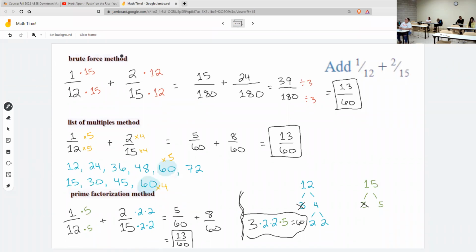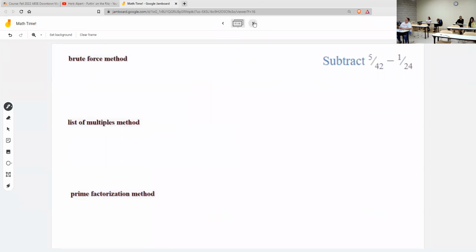If you want an extra challenge, then you can do the same thing with 3 numbers. It's the same process. Can I do that? Let's do this as a warm up next class. If you try it the brute force method, you're going to get some very big things, multiplying 3 numbers. If you're doing the list of multiples, suddenly that looks a lot more attractive with 3 numbers, right?